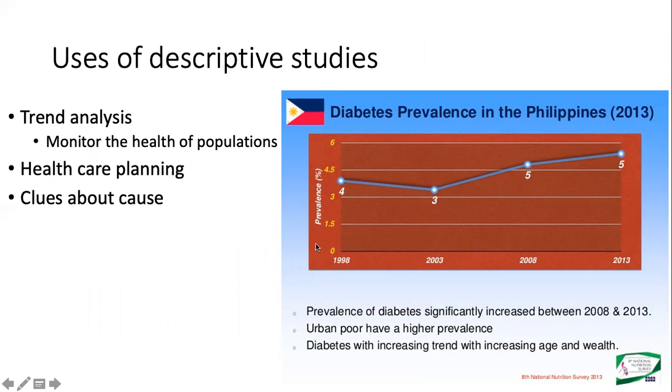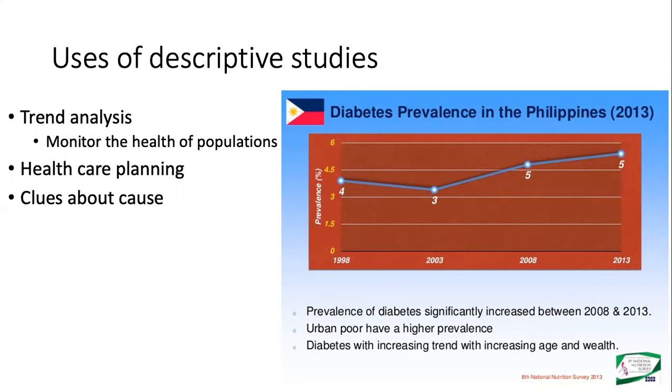So you can see from the trend, comparing the different national nutrition surveys in the country, that there is an increased trend from 2003 to 2013. You know? So you will see that you might need to also prioritize non-communicable diseases such as diabetes in our country. So it helps our public health officials to plan.